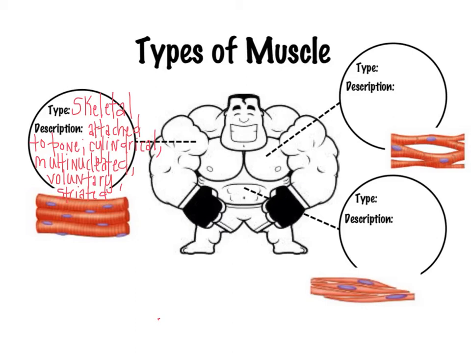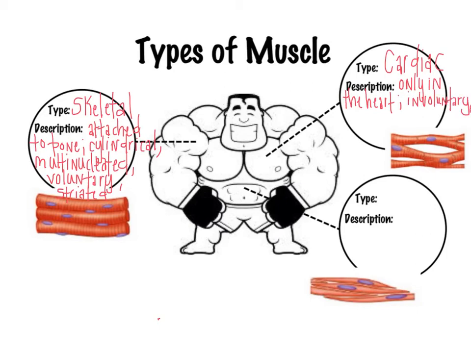All right? Going over here to the right, this top one, this is cardiac muscle. And this is only in the heart. Luckily, it is involuntary. We don't have to think about it.